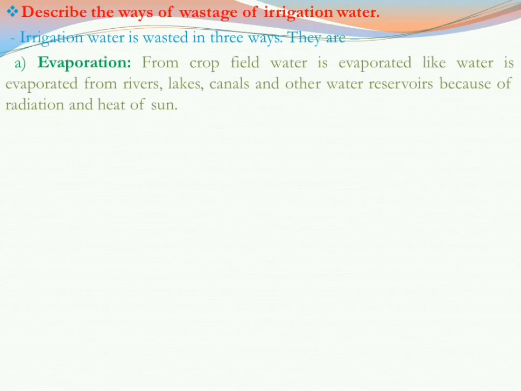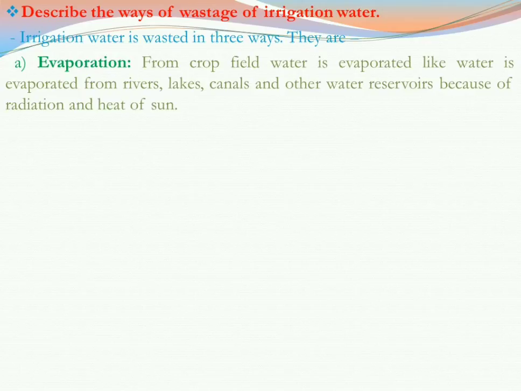First of all, let us know about evaporation. We know that evaporation means when water is converted to vapor from liquid state in the sunshine. So from the crop field, like other resources, water is evaporated by the radiation of heat and sun.